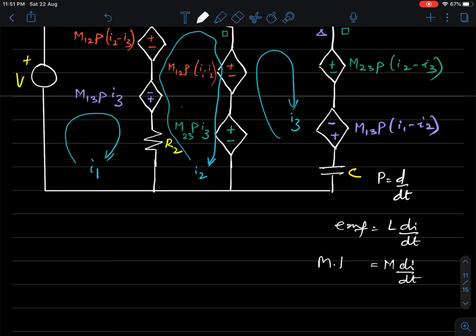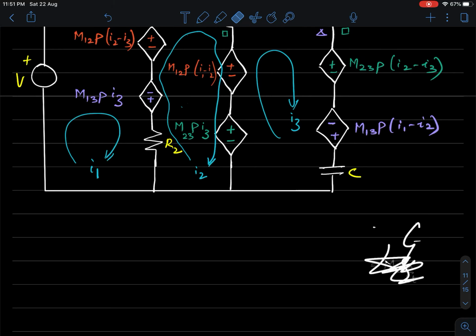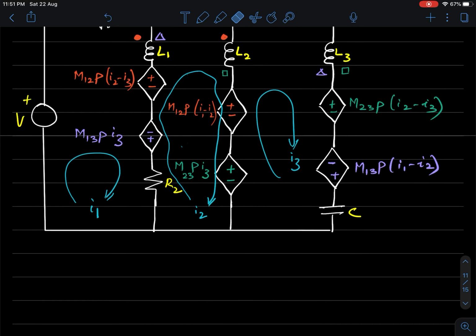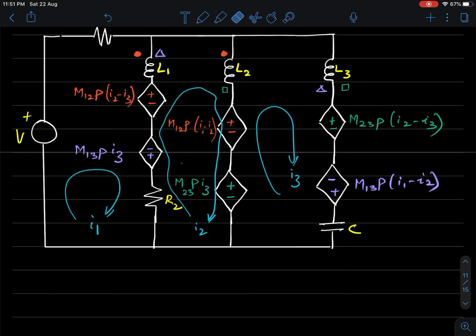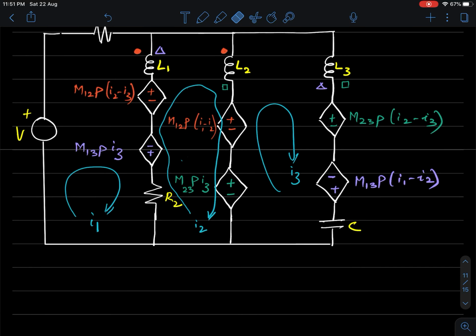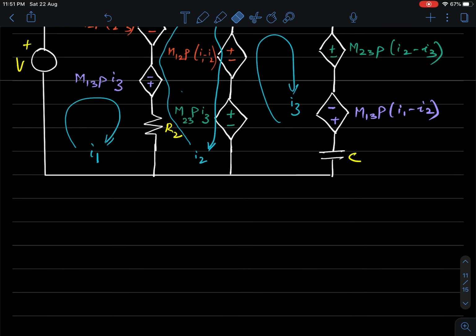I have replaced d by dt by P so that my expressions appear simple and easy to write. Every time instead of writing d by dt, I'll write P. But then I need to make a mention, then only it is acceptable.